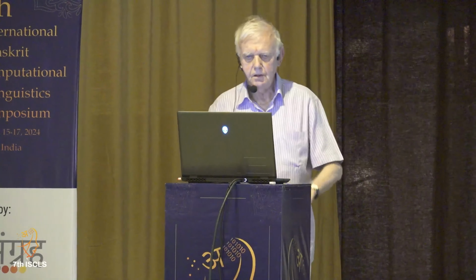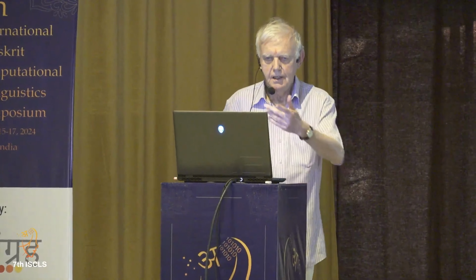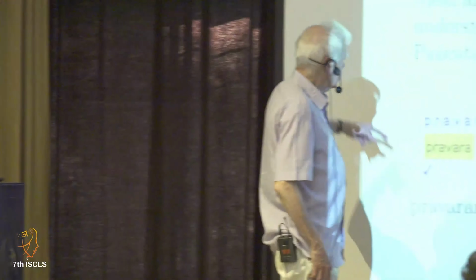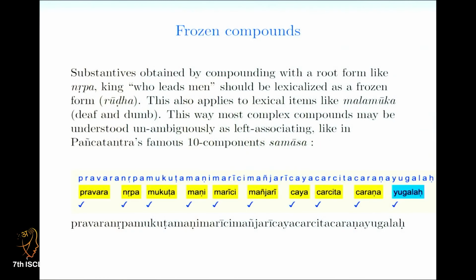So here is a larger one. That's a famous one that appears at the beginning of Panchatantra. It has 10 components. So the principal kings, from their crown, the jewel would emit rays that would illuminate, the group together would illuminate the pair of feet of the king.